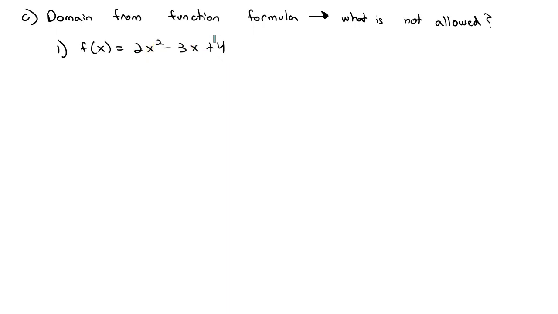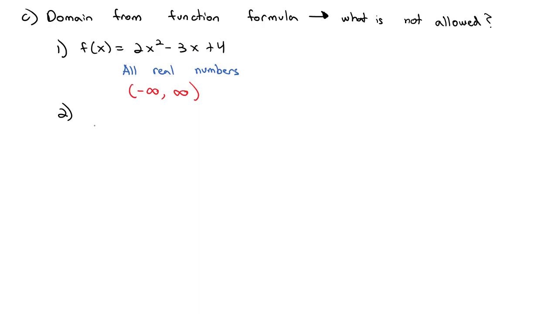So with this expression, I could plug any number I want into the x, and there would be no problem. We would say that is all real numbers, or in interval notation, we would be going from negative infinity to positive infinity. In other words, I can plug any number in for x, and I will get an answer for this expression.